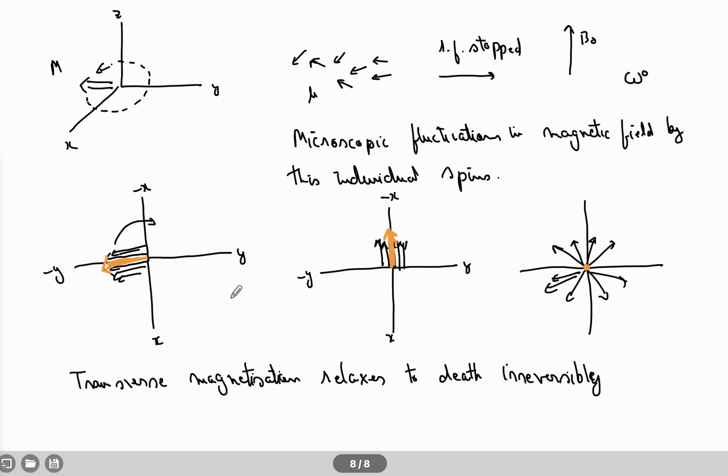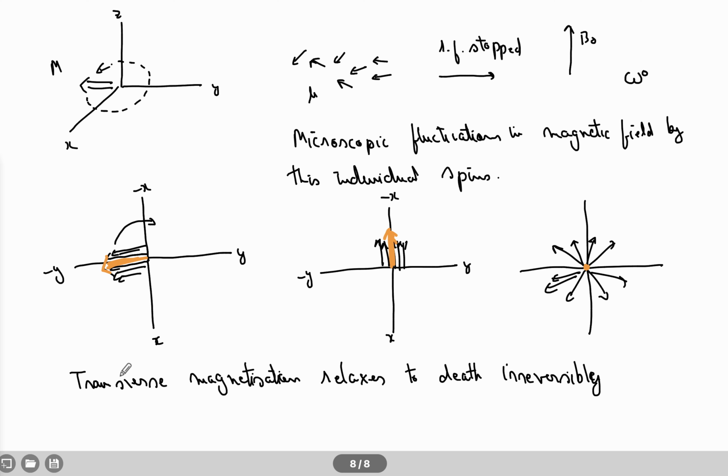Now this process is also called coherence going out of phase.